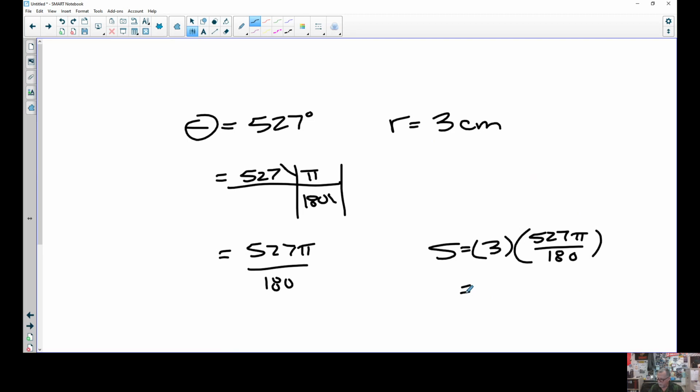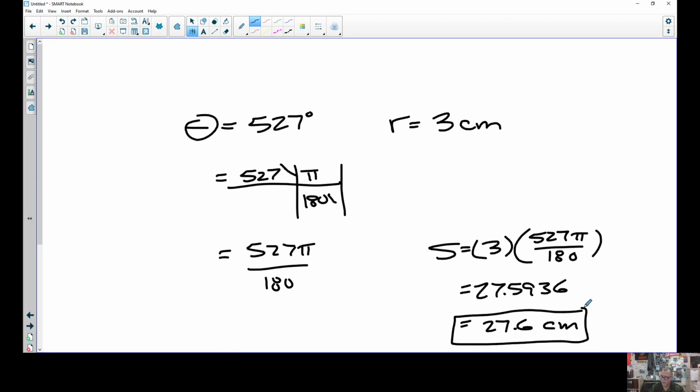That's that times pi, and then divide all that by 180, and we would get 27.5936. So we'll call that 27.6, and that's in centimeters as an arc length. All right, so that is the basic idea of what we're doing. You need to be able to convert from degrees to radians, radians to degrees, and you need to be able to find unit circle values, and finally be able to find the length of an arc.